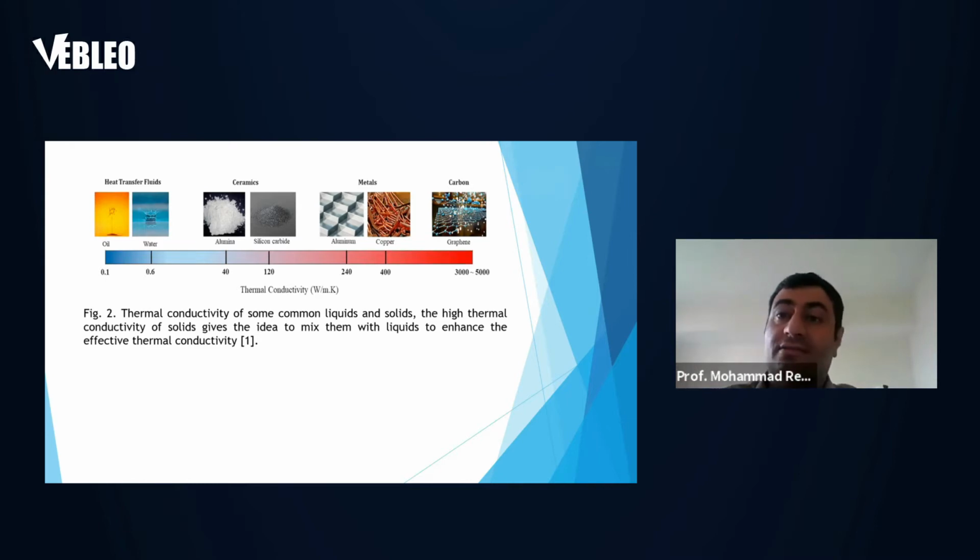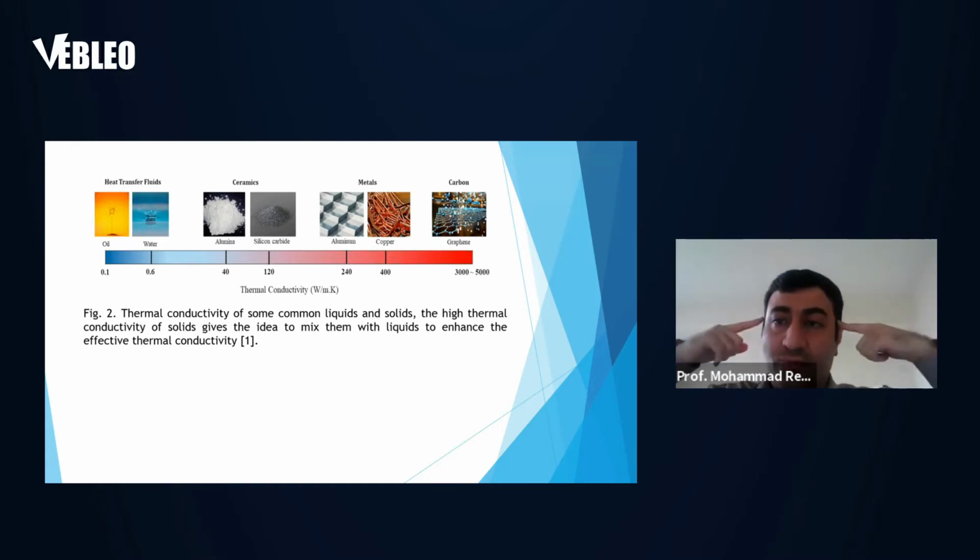But for solids like ceramics, this value is around 100, which means 100 times more than fluid. For metal like copper, this value is around 400, much bigger than the fluid. And for some materials like carbon-based graphene platelet or carbon nanotube, this value is between 3,000 to 5,000, far bigger than the normal fluid that we use in our system.